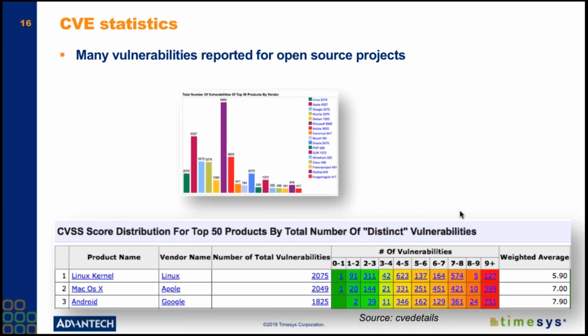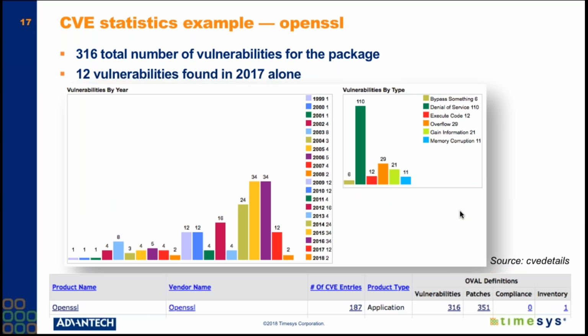So one more statistic, I pulled a package that is commonly used in the embedded Linux products, package called openssl, which is used to secure communication. And there are 316 total number of vulnerabilities for this particular package that have been reported, 12 vulnerabilities alone found in 2017.